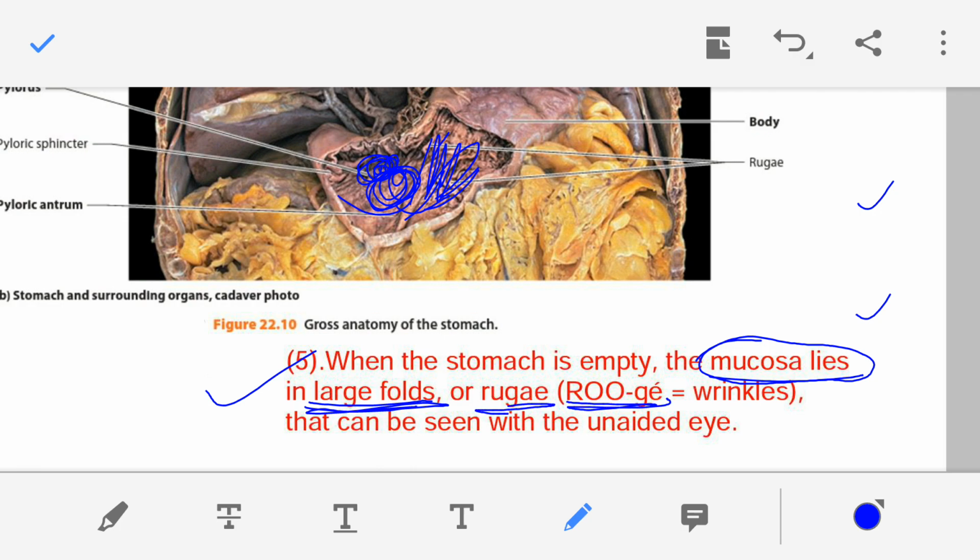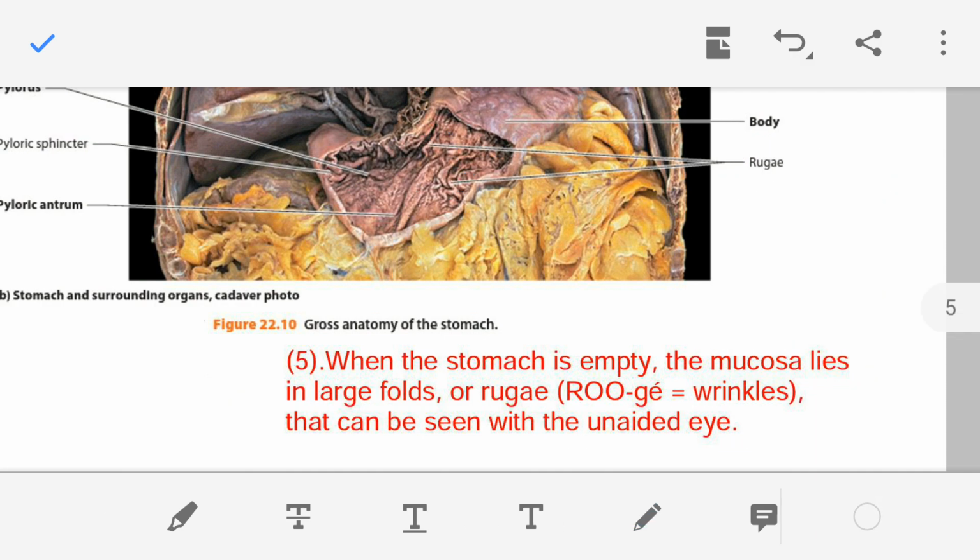Rugae means wrinkles, and we can see these wrinkles, the rugae, with our naked, unaided eye.